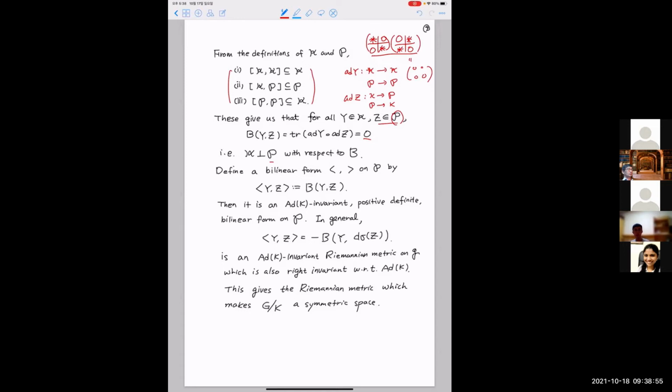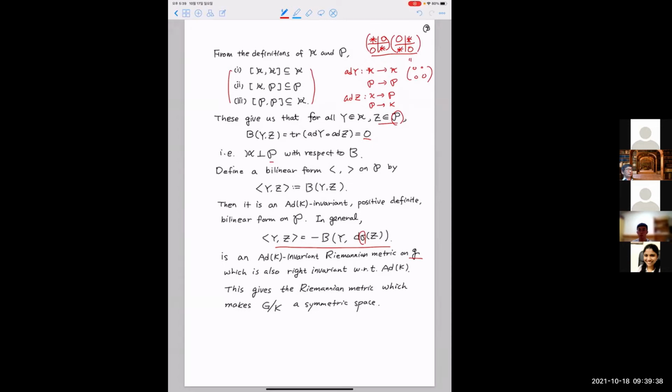Also, this is an adjoint K-invariant positive definite bilinear form on 𝔭. And in general, you can define the adjoint K-invariant Riemannian metric on 𝔤, writing this by using the involution sigma. That means from the Killing form, you can define the adjoint K-invariant metric on the real algebra 𝔤, and you can extend the metric everywhere.